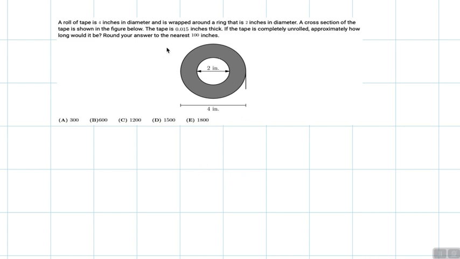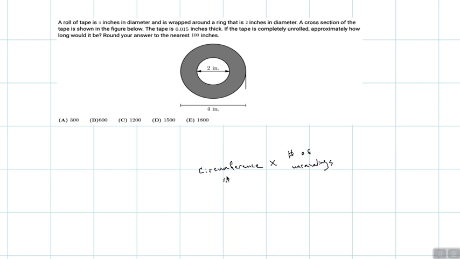So therefore, the length of the tape when completely unrolled is going to be circumference times just the number of unravelings. And we're going to find out what each of these is.